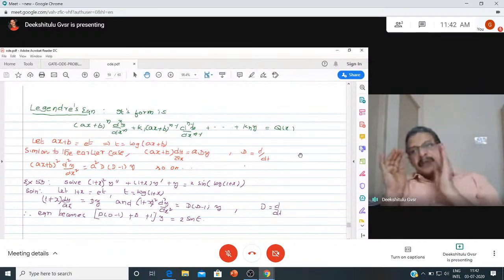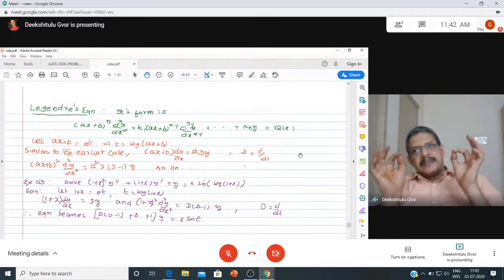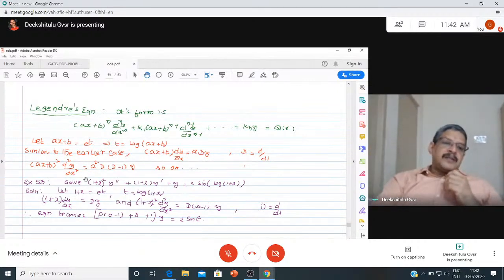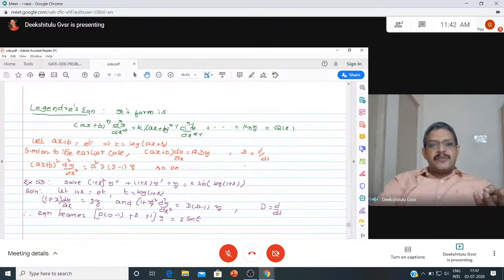See, when we discuss a problem in the examination, every part of the solution can be asked as a question. Let me tell you how many questions I can ask. What is the function which transforms Legendre's equation into a linear differential equation with constant coefficients?